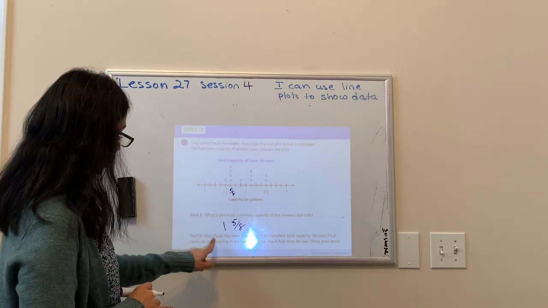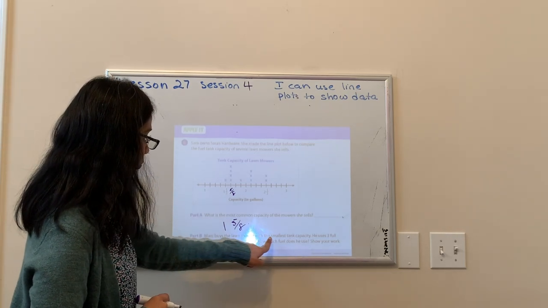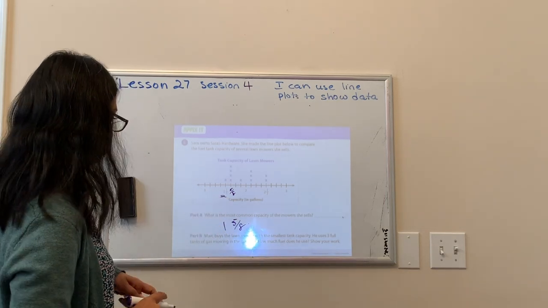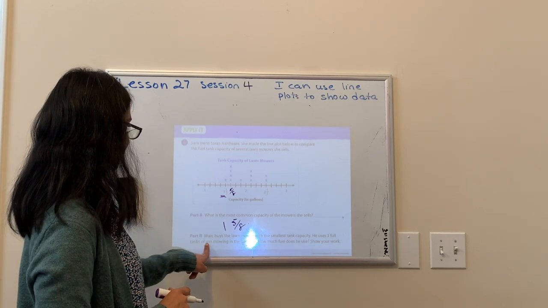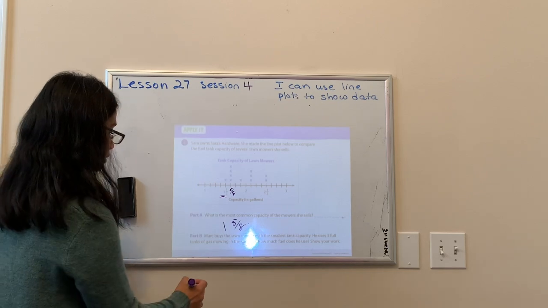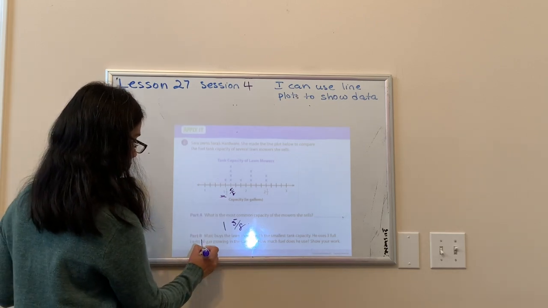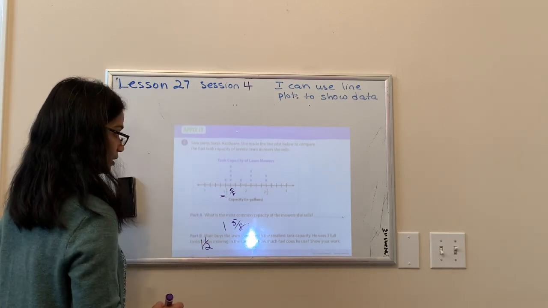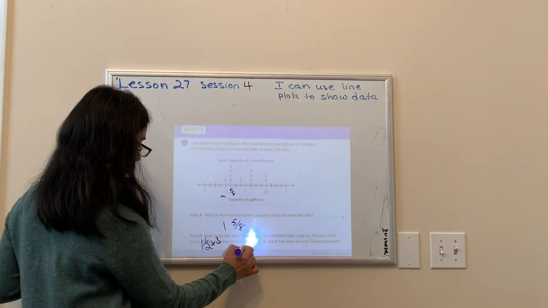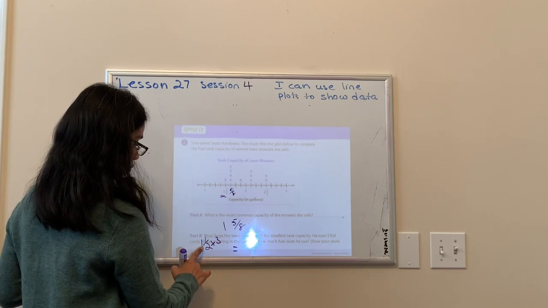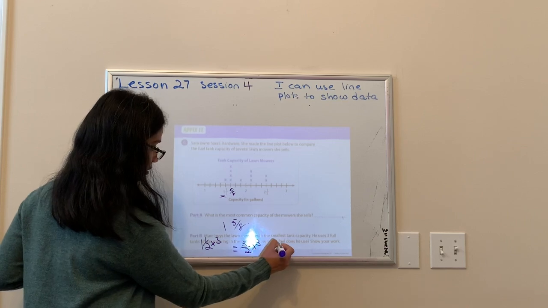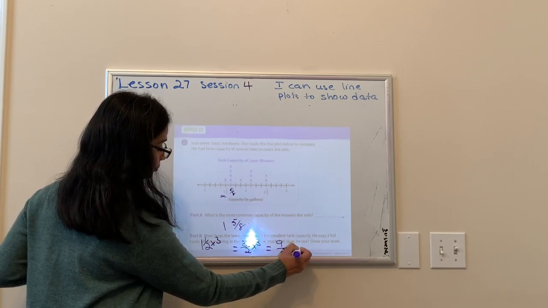Part B. Mark buys a lawnmower with the smallest tank capacity, which is this one. He uses 3 full tanks of gas mowing in the summer. How much fuel does he use? So his mower is 1.5, and he uses 3 full tanks, so we multiply that by 3. 1 and 1/2 is 3 over 2, multiplied by 3, 9 over 2.